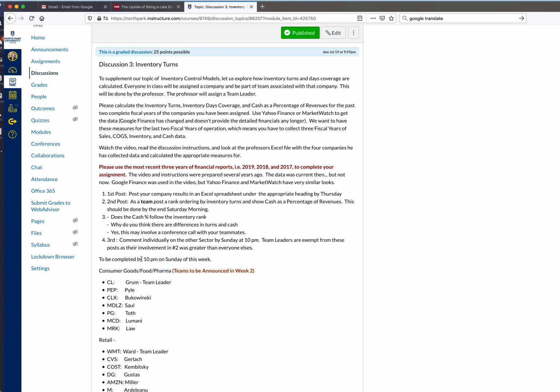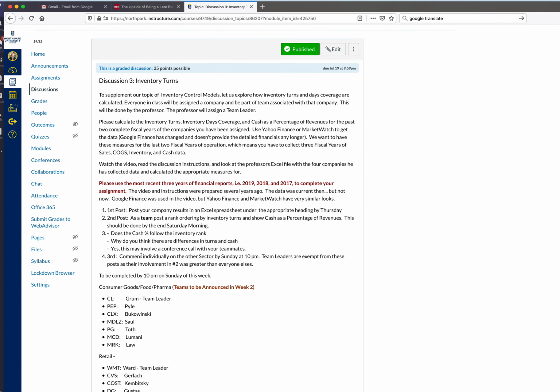Because we're looking at inventory days coverage, inventory turn, and cash as a percentage of revenues, and trying to see if there's a relationship. Because if inventory goes up or down, theoretically cash should be released or consumed. But you'll find that the relationship is not good because cash is used or raised and goes up and down for many reasons. So anyway, have some fun with this.